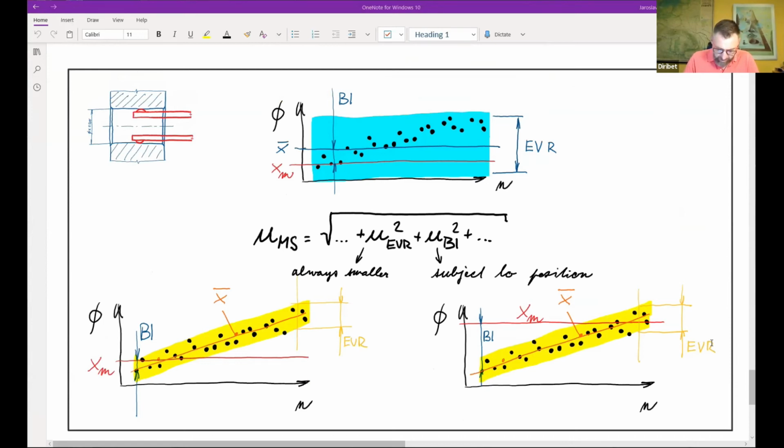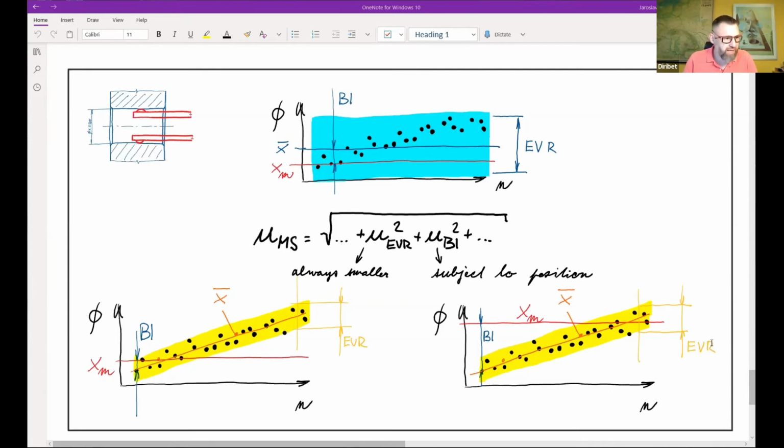And the uncertainty of the measurement system, that is this UMS thing, it is calculated as a square root of sum of squares of the individual uncertainties, and there is a number of them. These two are not the only one, and they react differently to the elimination of the trend.